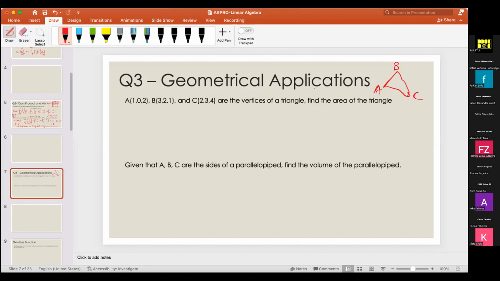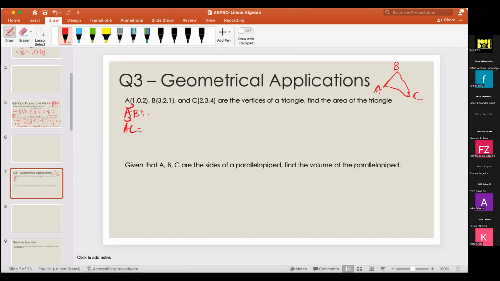Okay, so before we calculate, the first step that we must do is to find two vectors that make up the sides of the triangle. And that can be anything. That can be vector AB and AC, or vector BA and BC, or CA and CB. It's completely up to you. So this time we're going to use AB and AC.